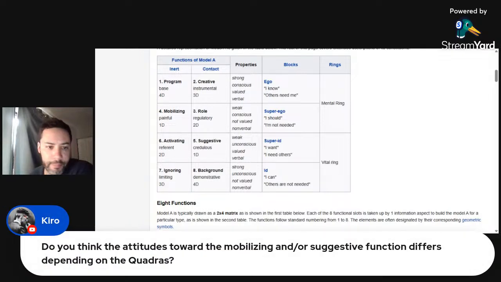What's going on here? Do I think the attitudes differ? In theory, I would say no, it should be about the same. In theory, but I'm open to the possibility that there could be some kind of a difference.